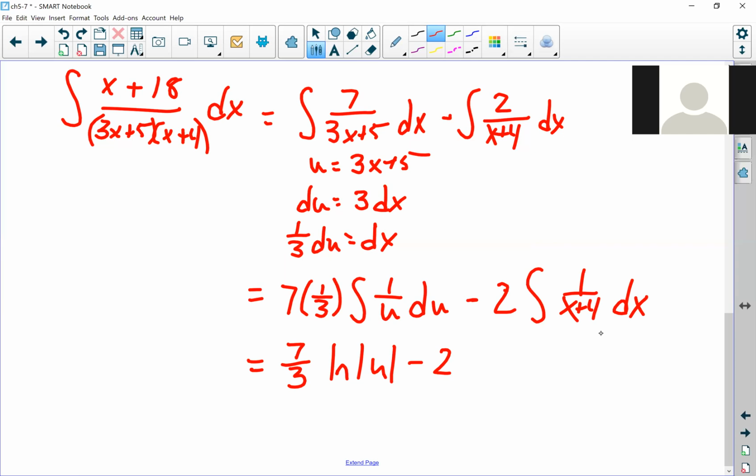If you'd like, I can certainly do that. I don't want to use v. w could equal x plus 4, then dw would equal dx.